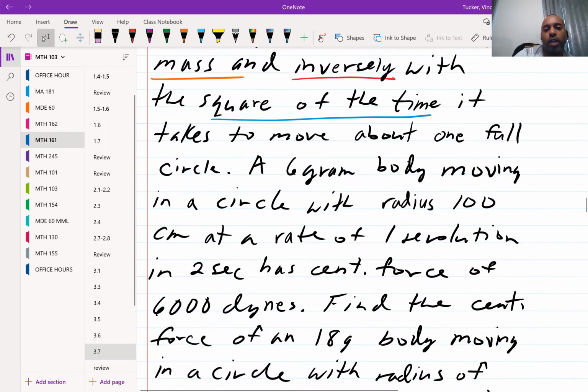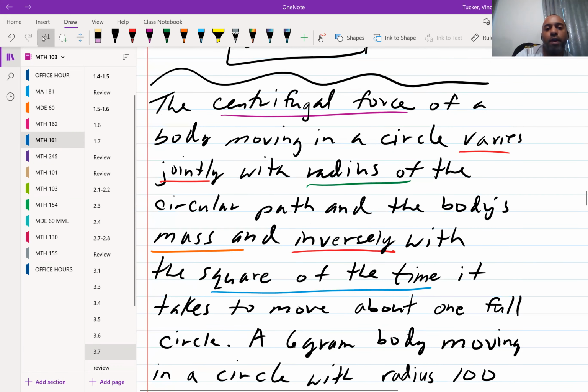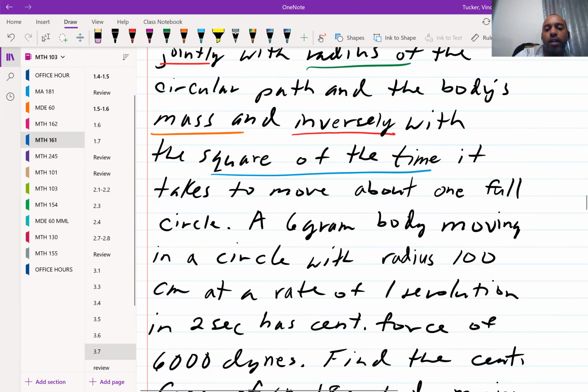All right. So what came before our varies was the centrifugal force, and it was jointly with the radius and the mass. You see it right here. And then inversely with the square of the time.